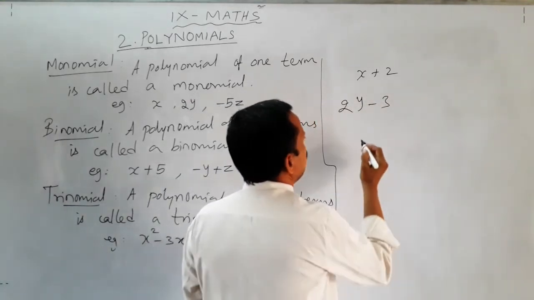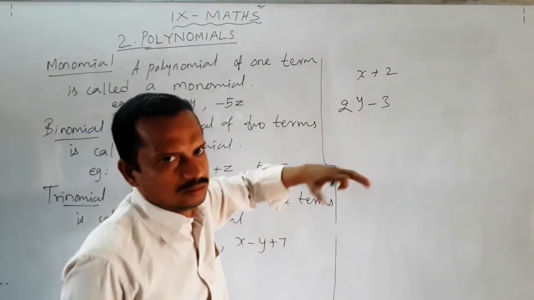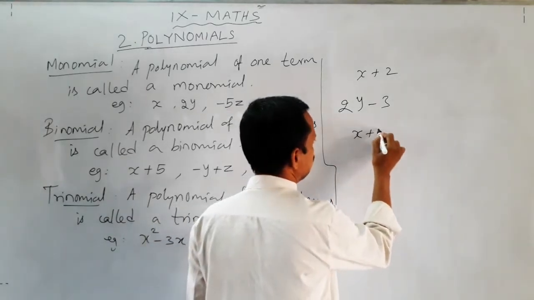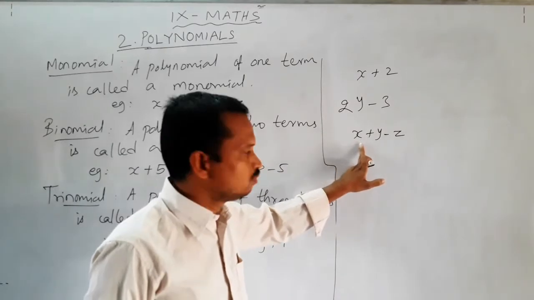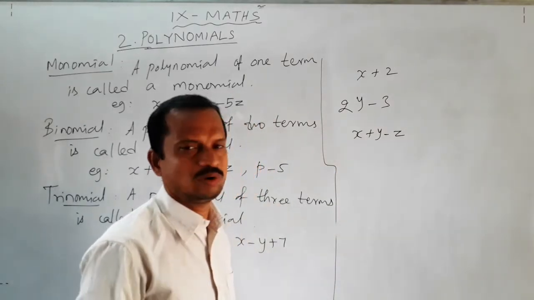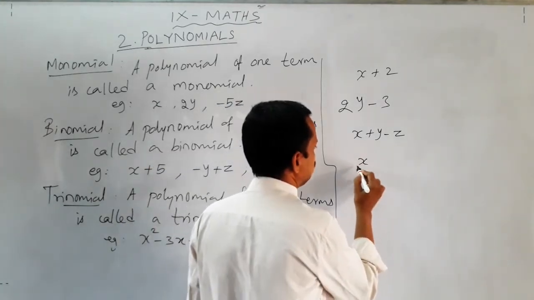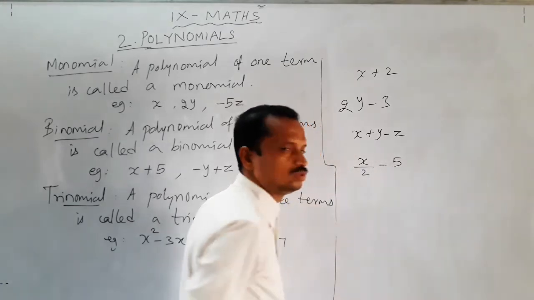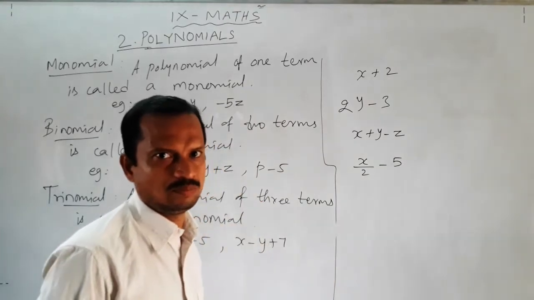On all these, different variables like x, y are there. x plus y minus z is a polynomial of 3 variables. Clear or not? Everything is a polynomial. And then x by 2 minus 5 is a polynomial and an algebraic expression.